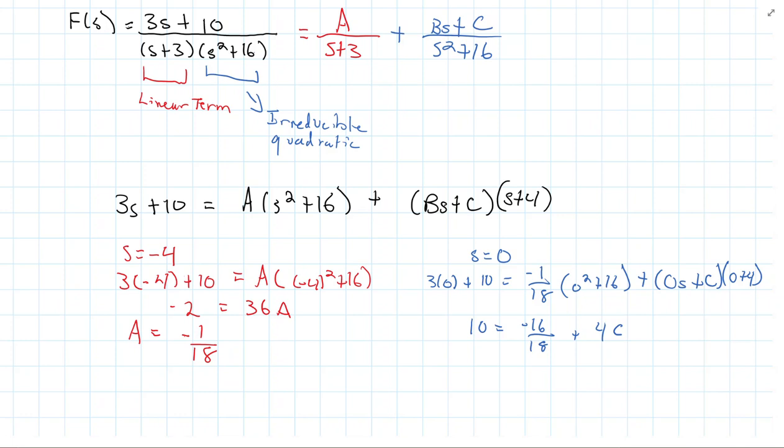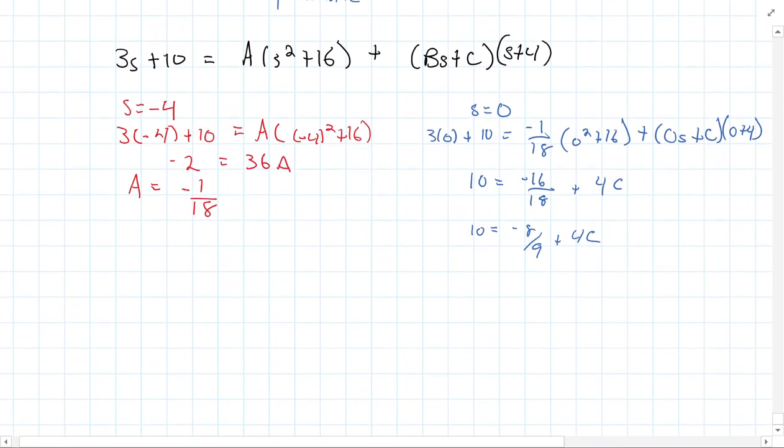We can still deal with this. So we'd have 10 is equal to negative 8 over 9 plus 4C. And then doing the arithmetic, that would be 90 plus 8, so we'd get 98 over 9 equals 4C.